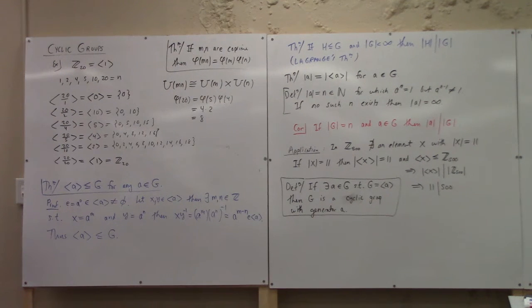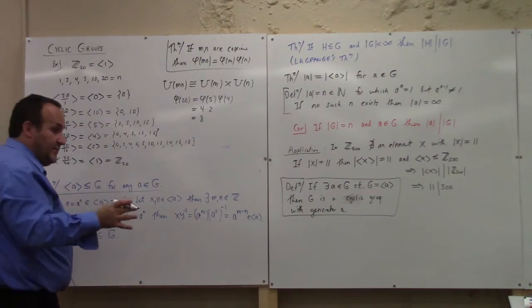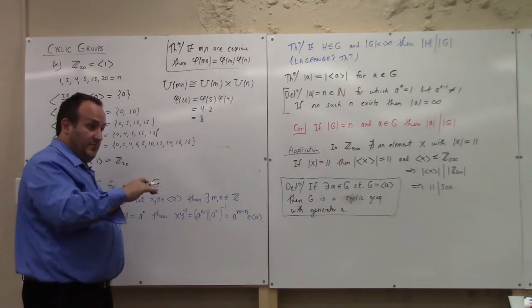Now we can start to ask more interesting questions like, what are these subgroups isomorphic to? Well, these are cyclic. Each one of these is a cyclic subgroup. And up to isomorphism, there is a unique cyclic group of order whatever.